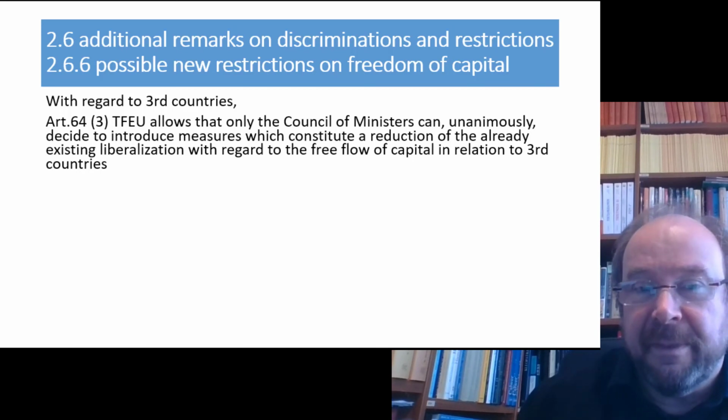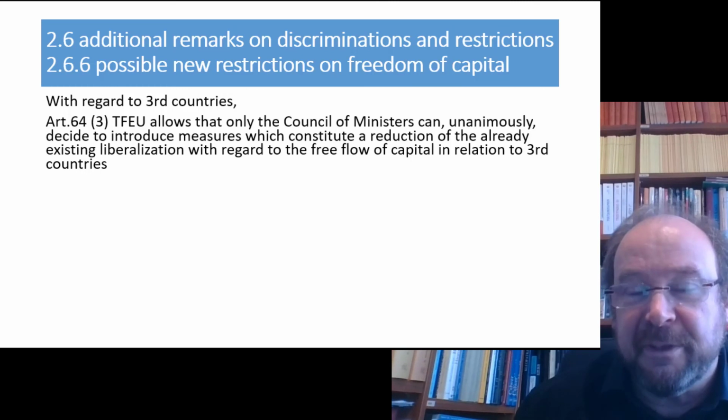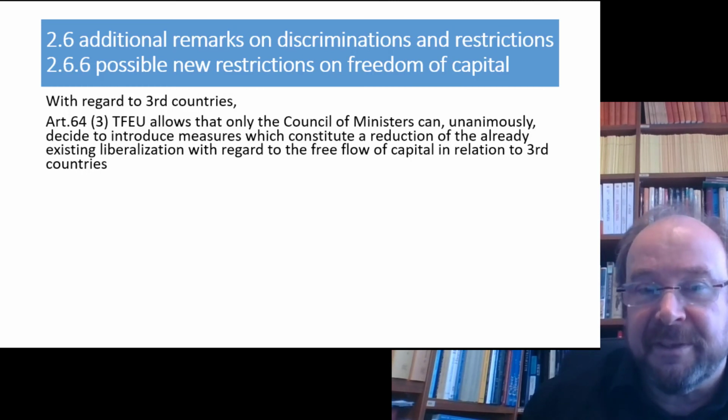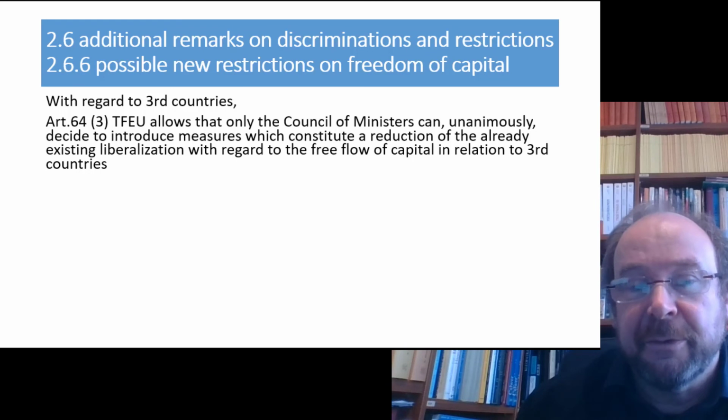So tax rules which constitute a negative treatment of capital investment in third countries could be reintroduced if the Council of Ministers says with 100% majority, okay, we want to do this.